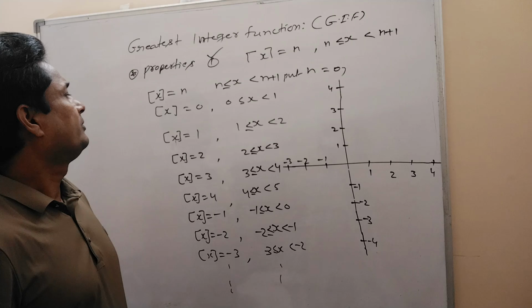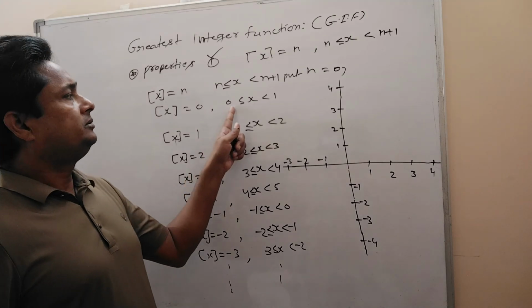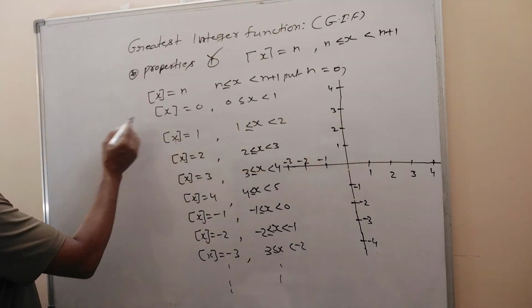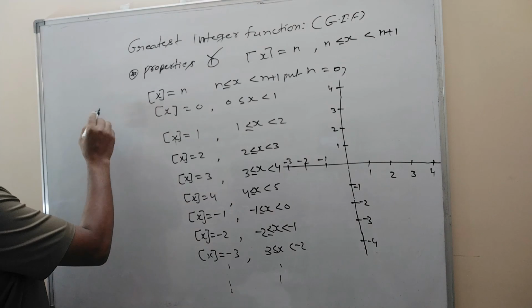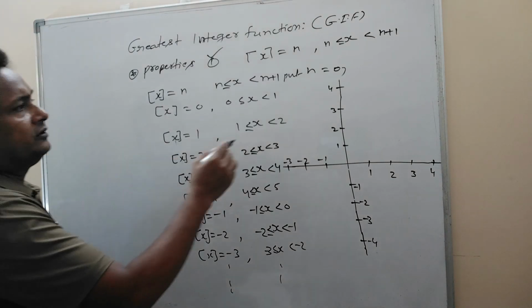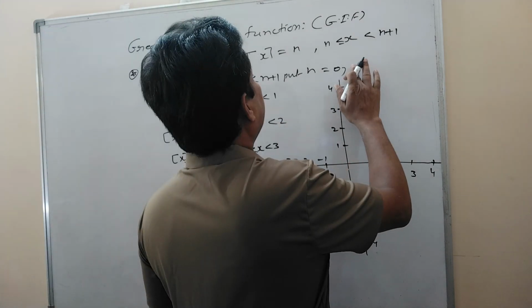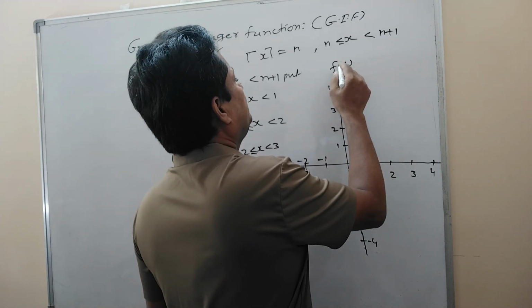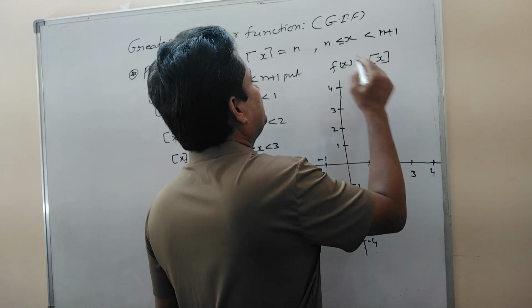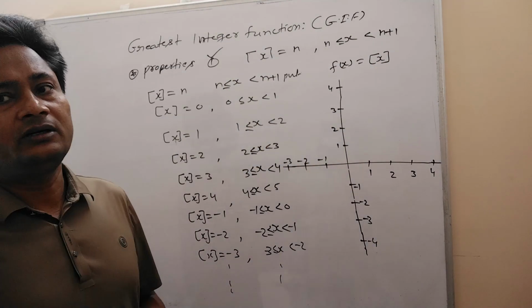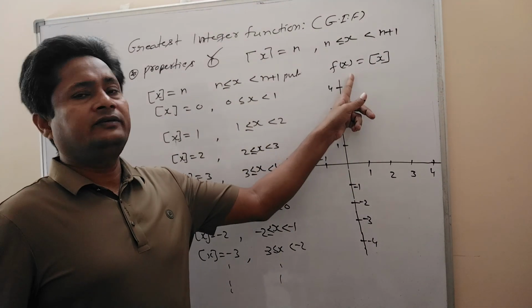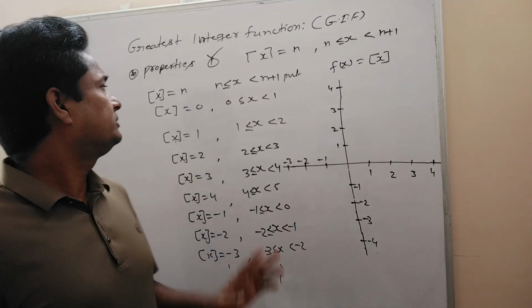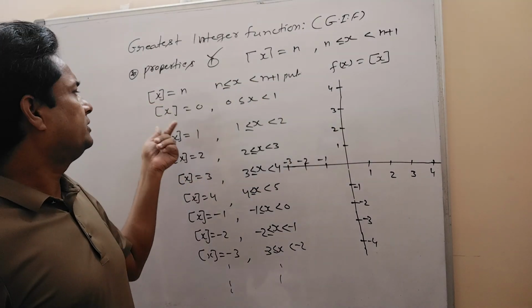So see here, if you take this one basic function, we are drawing the graph of f(x) is equal to greatest integer of x. That means the graph of this function.